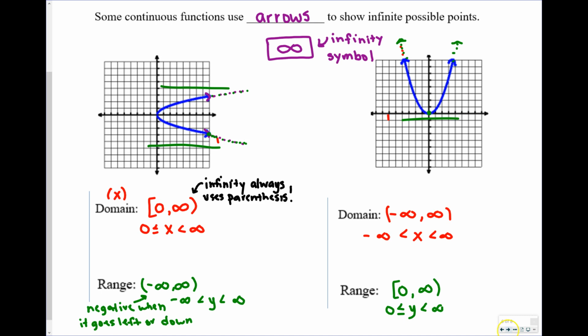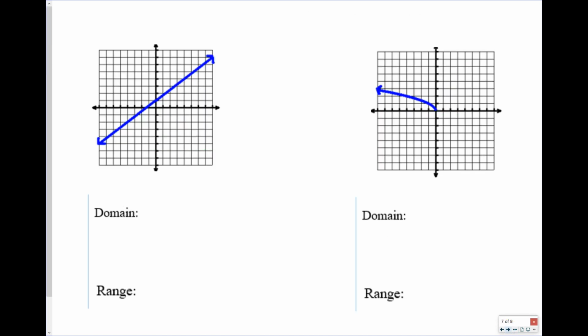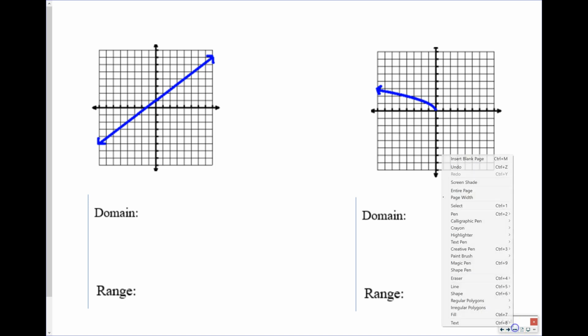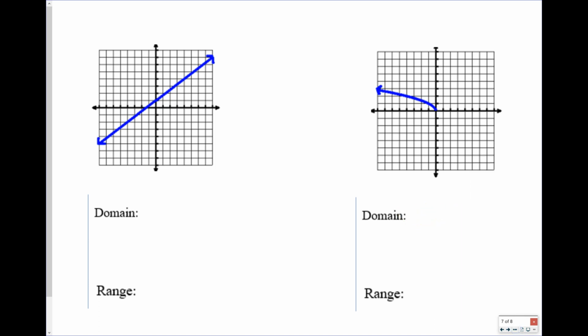Okay, we have 2 more. A straight line. A straight line has the easiest domain and range of all time. Because in a straight line, when we look at the arrows, it goes up forever and to the right forever. This goes down forever and to the left forever.